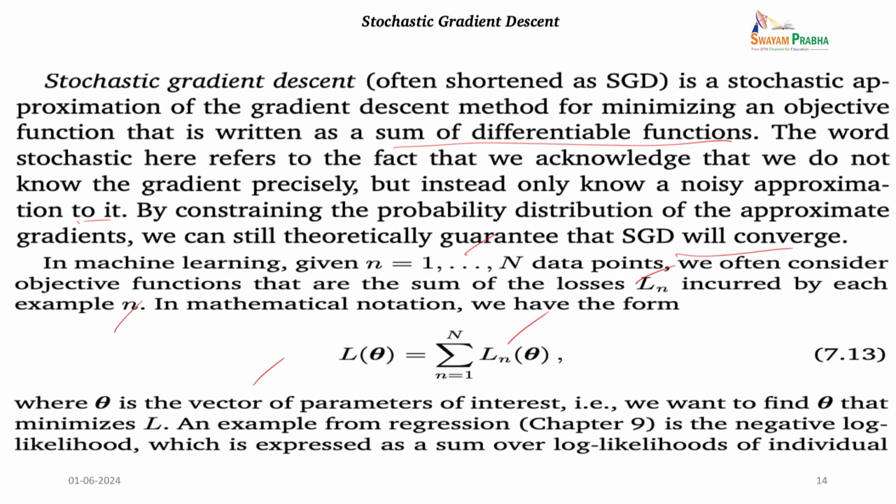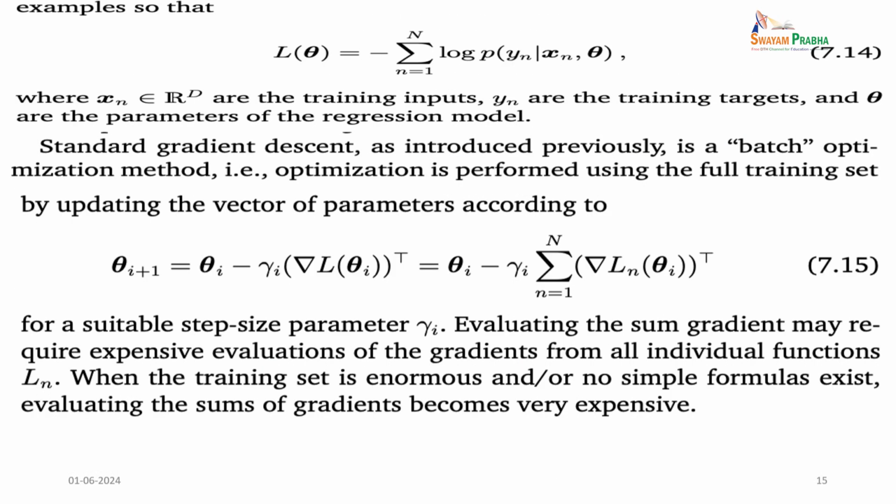In this, we have to find the theta for minimum L. The next idea to discuss is regression. There we can use the negative log likelihood, which is expressed as a sum over the likelihoods of the individual examples. For example, L of theta equals minus summation n equal to 1 to N of log of p of yn given xn comma theta.